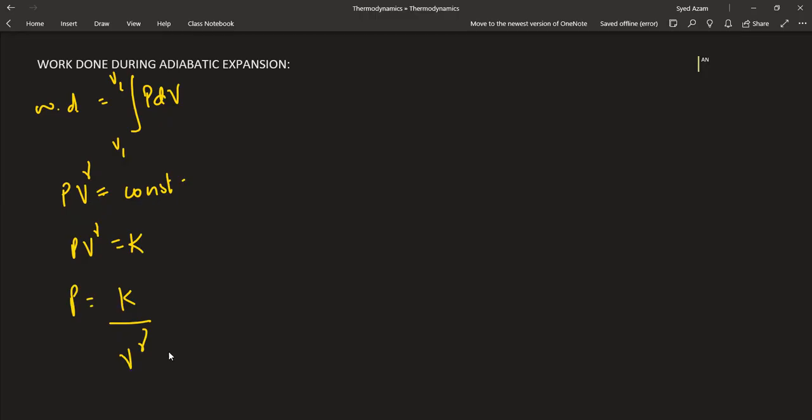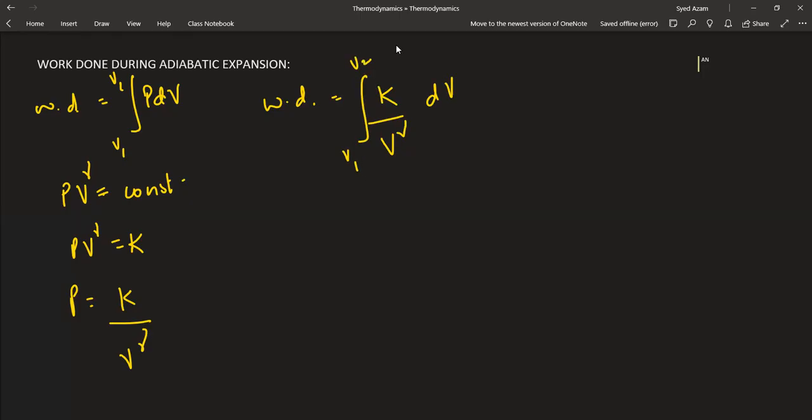Now see, if I put the value of pressure here, because the problem is that pressure and dV cannot be integrated together. They can neither be differentiated nor integrated, because you have to have the same variables for the differentiation or integration to occur. This I have told you repeatedly, and secondly, we have discussed this in the calculus part. Now, coming to the work done. If I put the formula of pressure, it is K V to the power gamma dV, integrating it from V1 to V2.